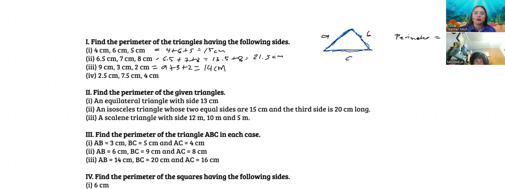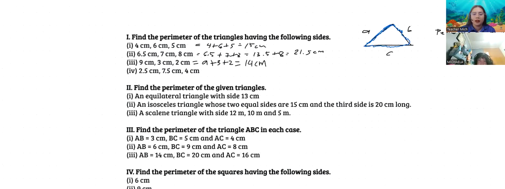How do we add decimals? What's the rule, anak? Okay, so align the decimal point. Very good. You need first to align the decimal point and then add them. Or you can do it, anak, vertically.